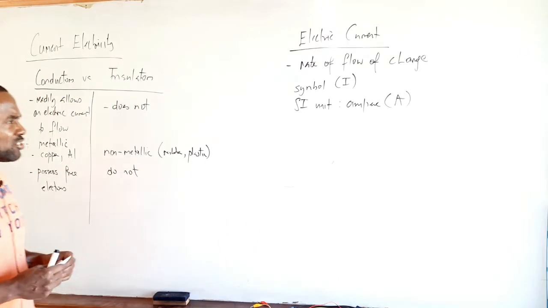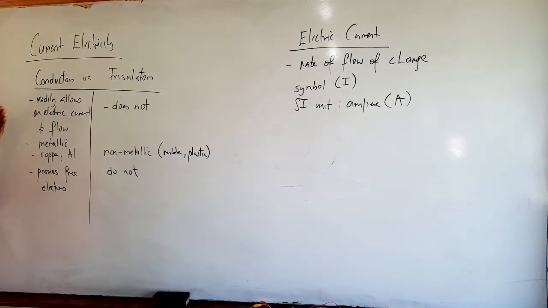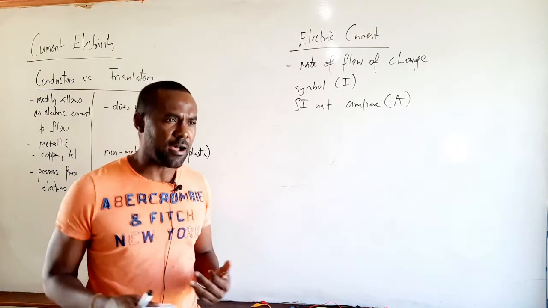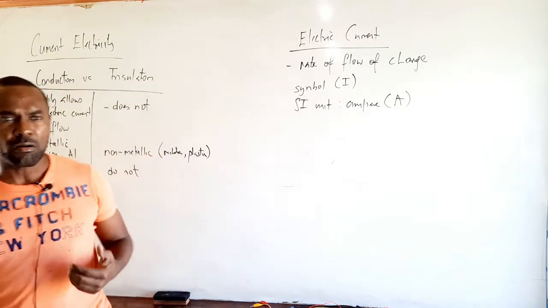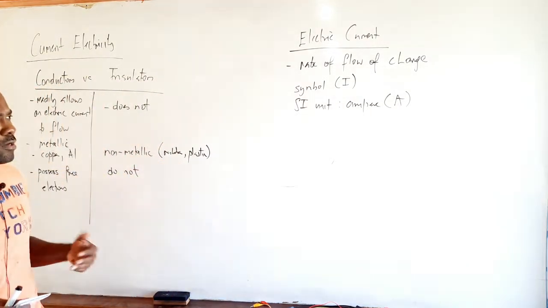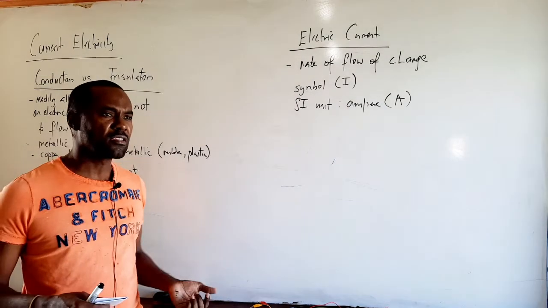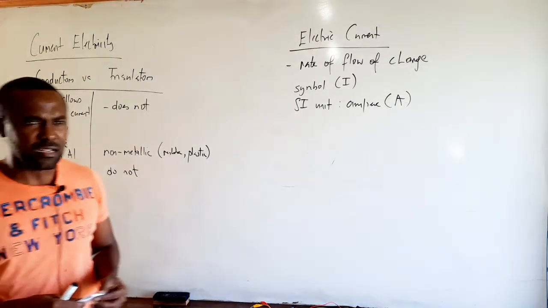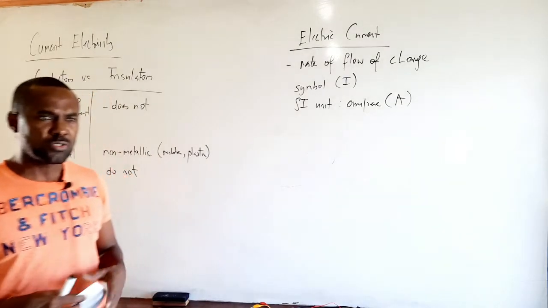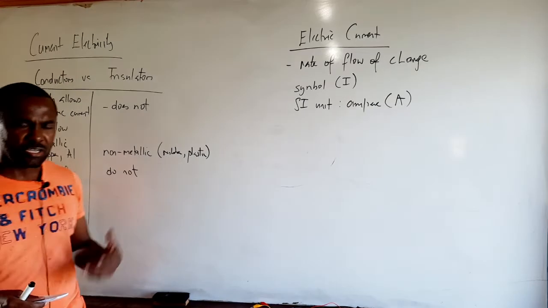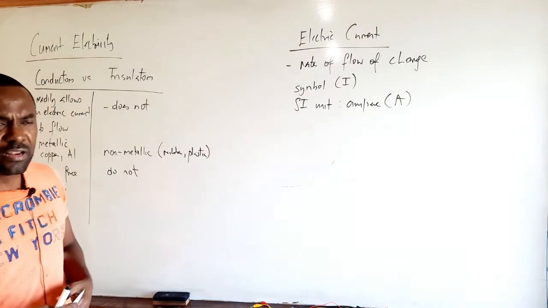In conductors, which are usually metals, there are free electrons, and it is the ability of these electrons to move which makes metallic conductors very good conductors of heat and also of electricity. Generally, metals are very good conductors of heat and electricity due to the presence of free electrons.